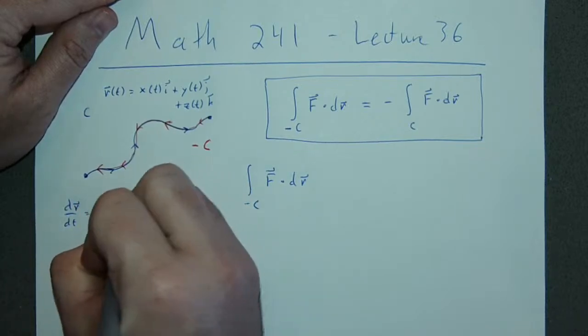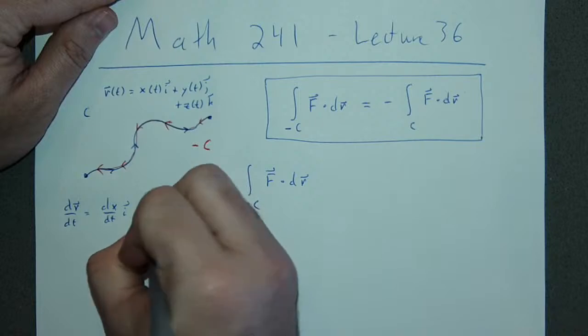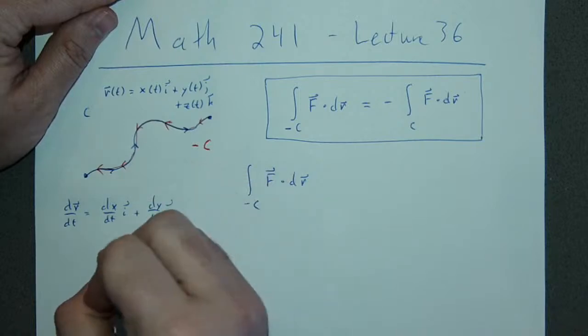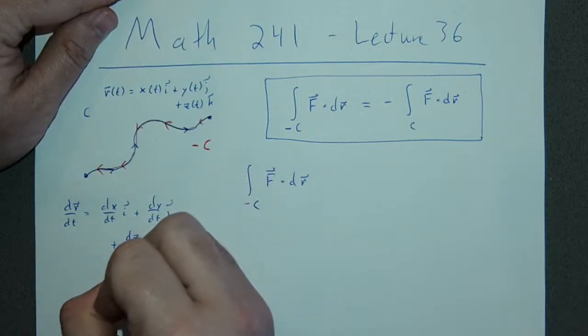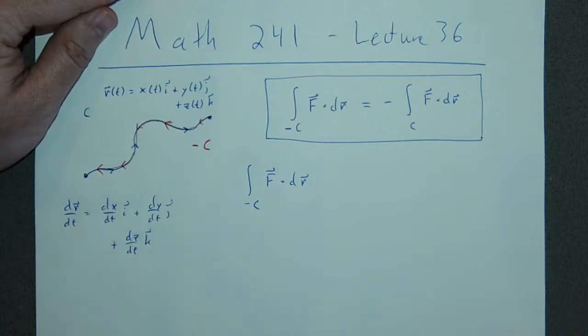It would be dx/dt i plus dy/dt j plus dz/dt k, like it always is.